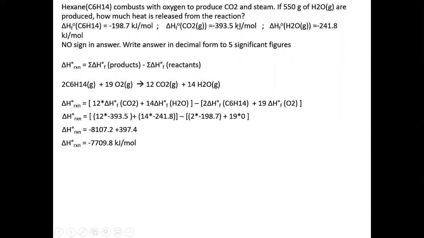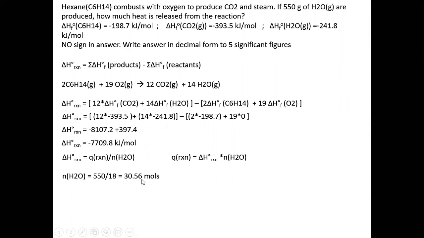Now that we know that, we can determine how much heat is released when we combust and produce 550 grams of steam. So remember, delta H of reaction equals the Q of reaction divided by, in this case, the moles of steam produced. So the heat of the reaction is equal to the delta H times the moles of steam. Well, the delta H we already have.